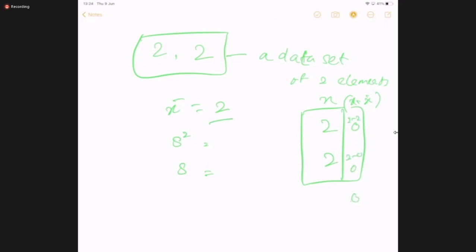If we substitute these values in the formula for variance, that is the summation of (x minus x bar) squared divided by n minus 1, the summation is 0. 0 divided by 2 minus 1, that is 0. Now, you can see that for this data set, the mean was 2, but the variance was 0.